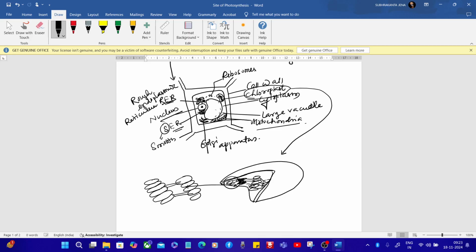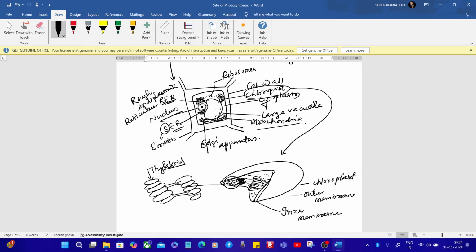So this is the chloroplast. This is the outer membrane. This one is the inner membrane, and this one is the thylakoid, a disc-like structure.